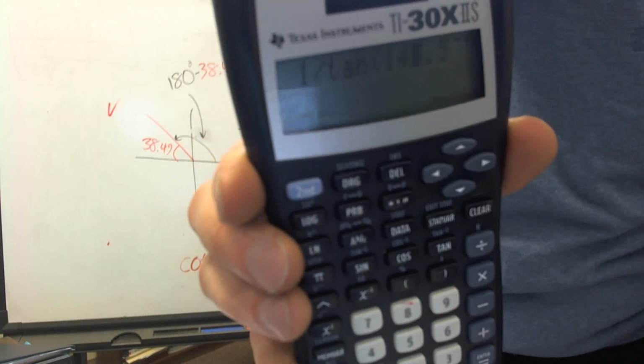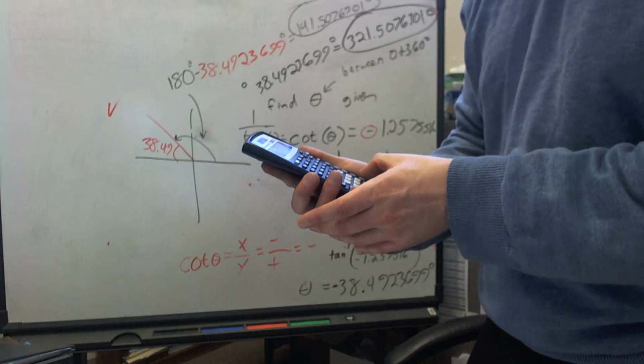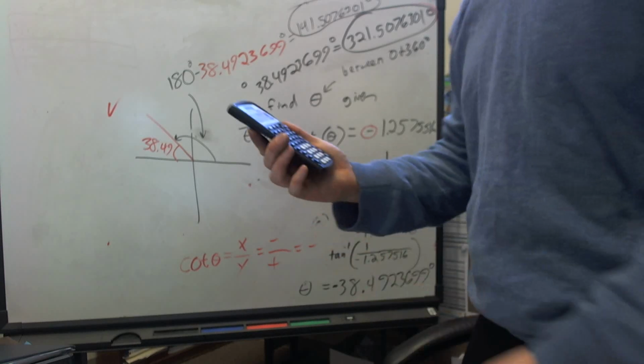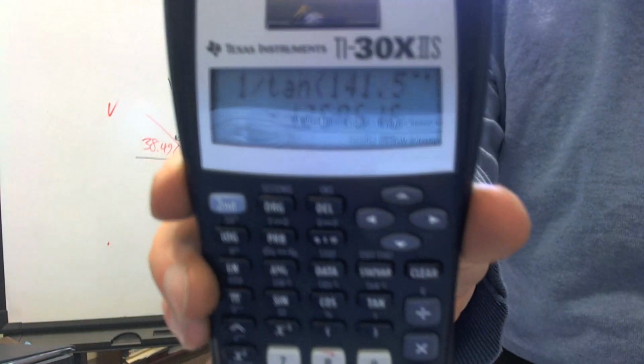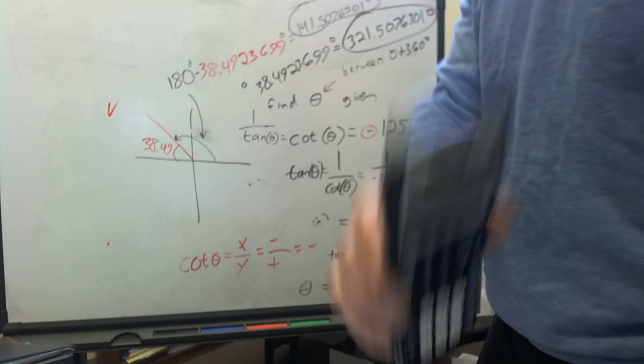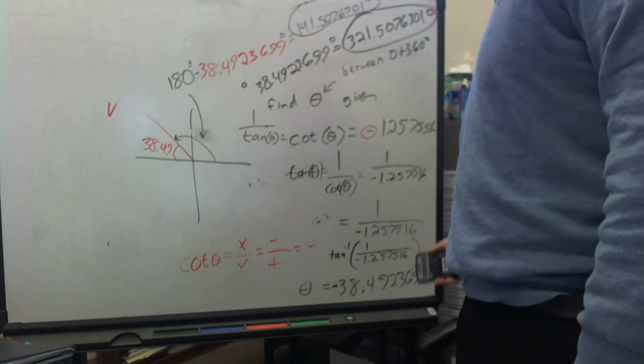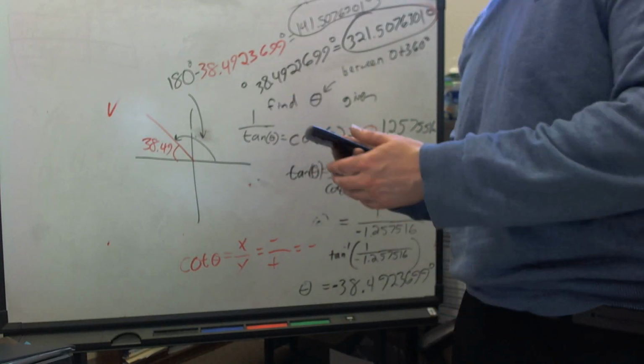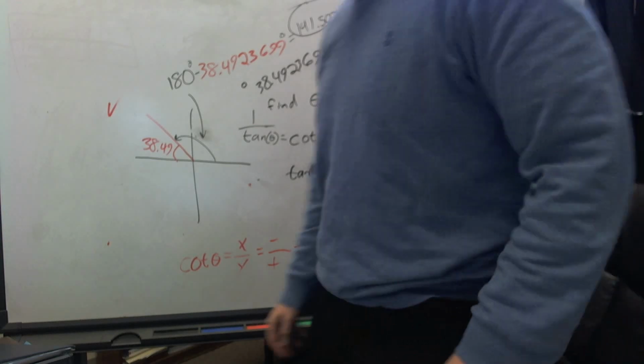So 1 divided by that tangent, let's see what we get. Fingers crossed. There it is, negative 1.257516. Beautiful. Just what we wanted there.